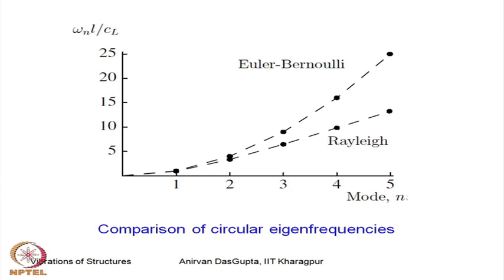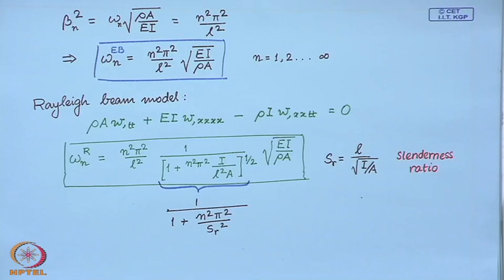Now, let us understand why this additional term comes in our circular natural frequency. The source of this term is obviously the rotary inertia term. That we can very easily see if we look at the differential equation of the Rayleigh beam.